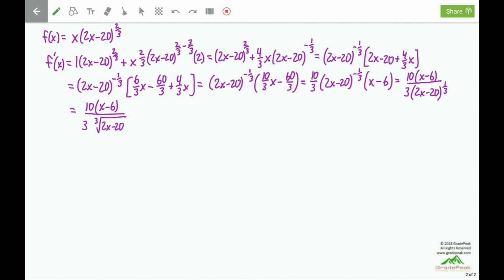Since it's an odd root, we will want to fully factor that as well. There's a common factor of 2 in there, because odd roots can be positive or negative. It's best to have them fully factored. There's a common factor of 2. It cannot come out of the cube root, since it's not a perfect cube, but it'll leave behind an x minus 10. So there's the version of the first derivative we're going to want.